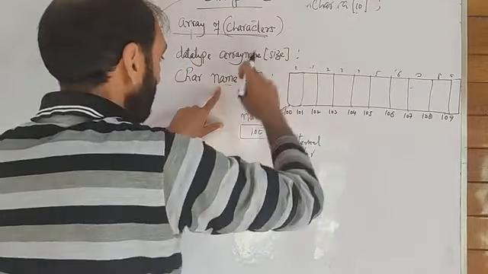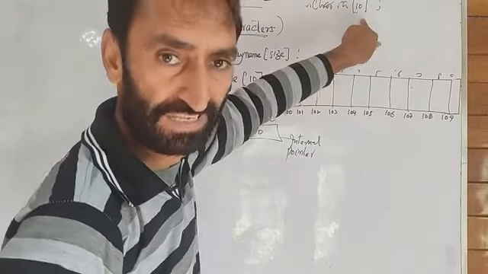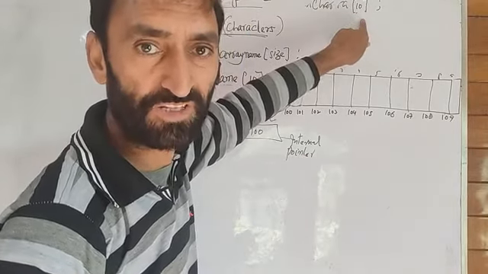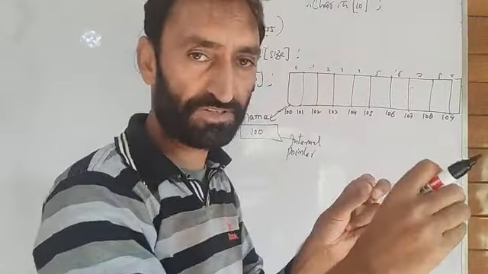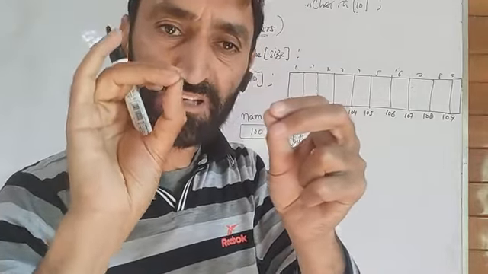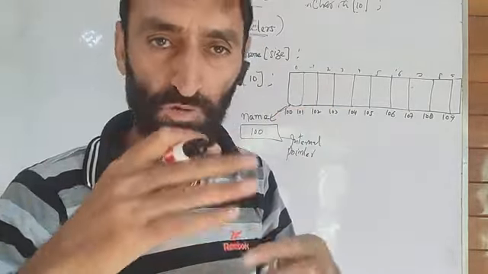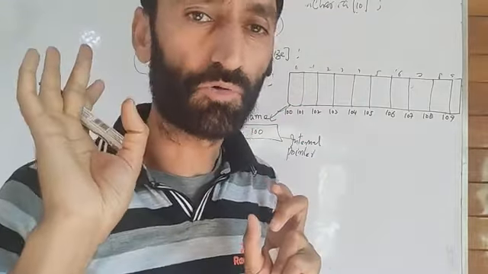Both are arrays of characters, and that is also called a string. But the difference is that a string is a group of characters enclosed in double quotes. What are strings? Strings are the group of characters enclosed in the double quotes.